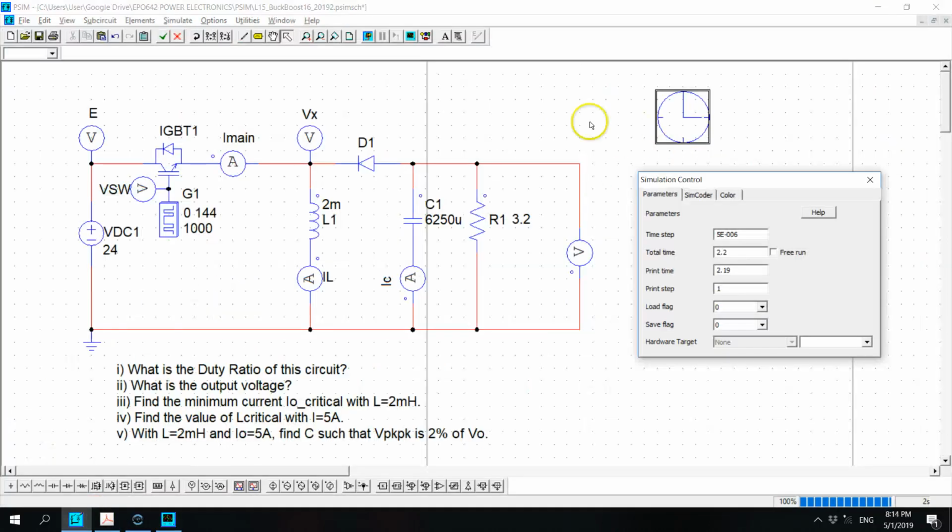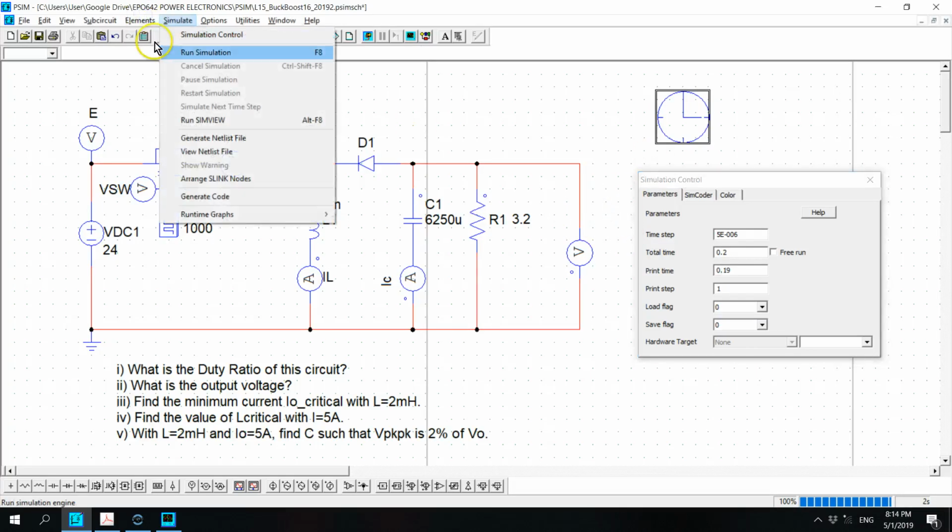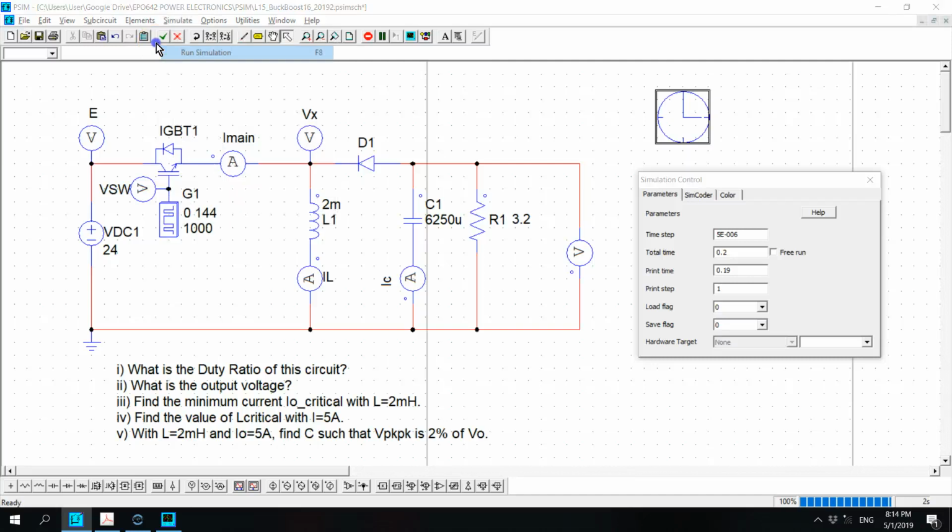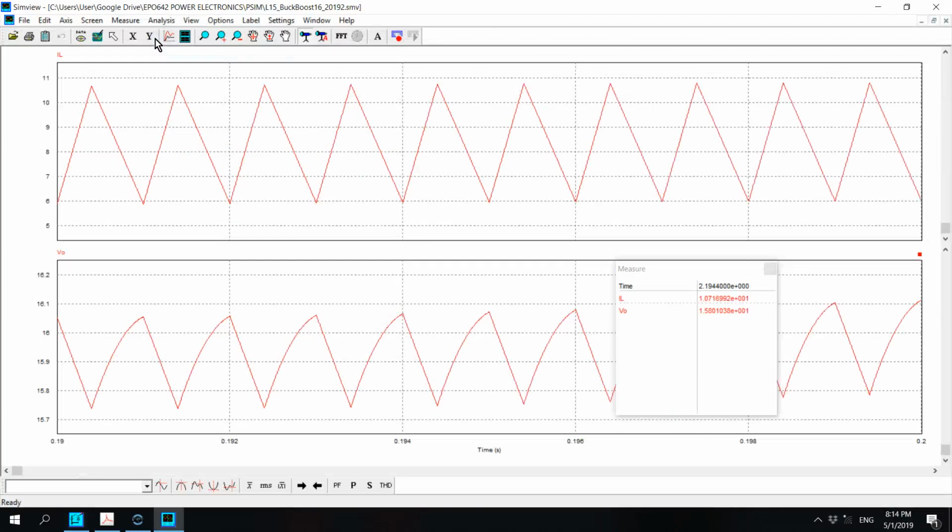Let's say if you simulate it not long enough, for example, I'm going to reduce 0.2 to 0.19 seconds. Let's simulate that and look at the waveform, whether it gets to steady state or not. Look at that.